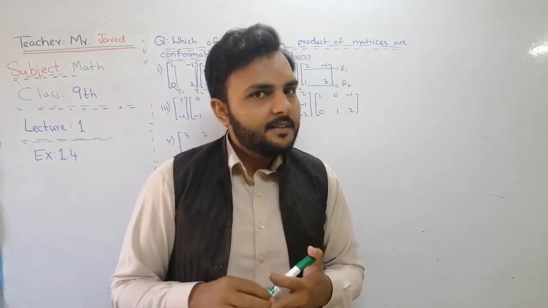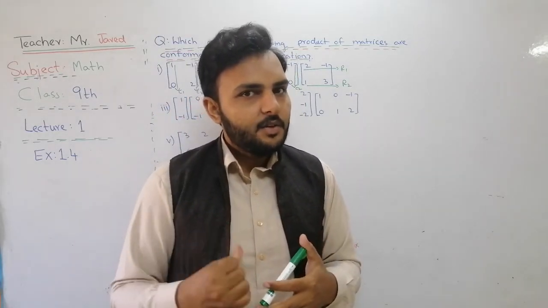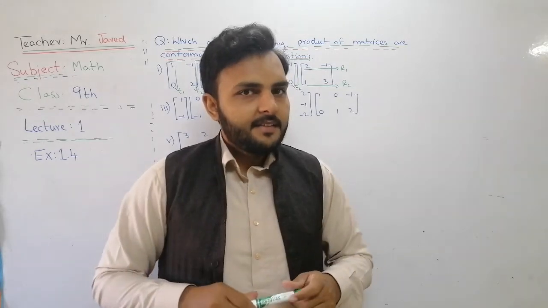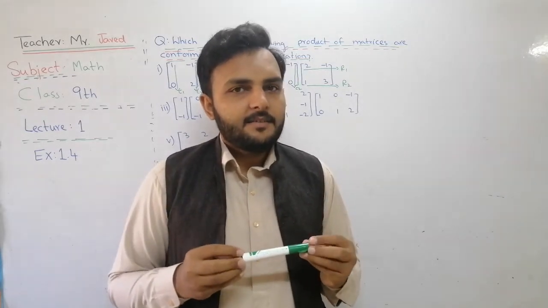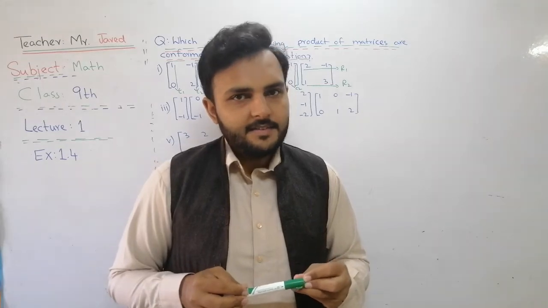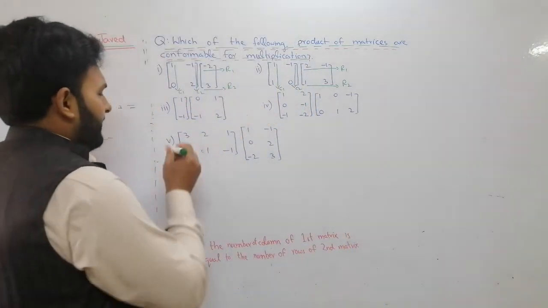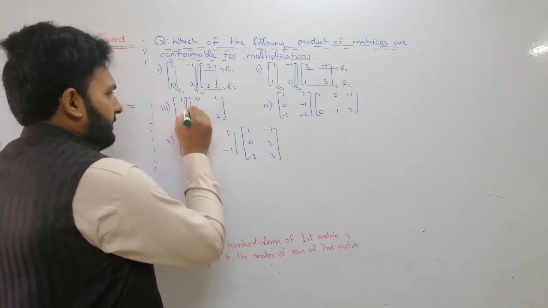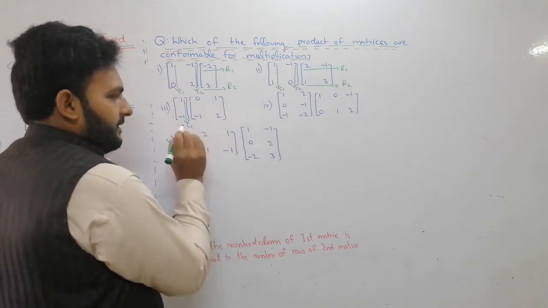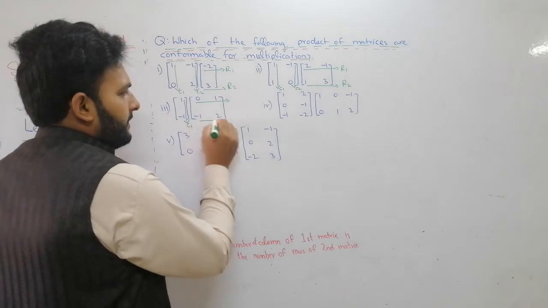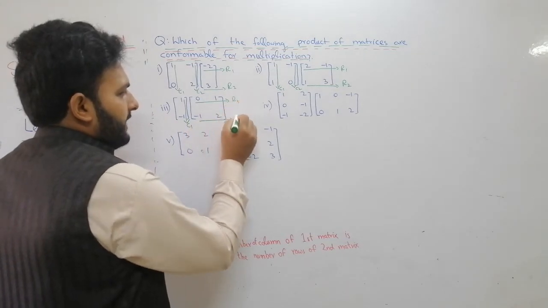How do we write the answer? Think in your mind; I told you some time before. Yes, these matrices are conformable for multiplication. Is that clear, all of you? Okay. Again, in question number 3, there is only one column. How many rows? Two rows here.